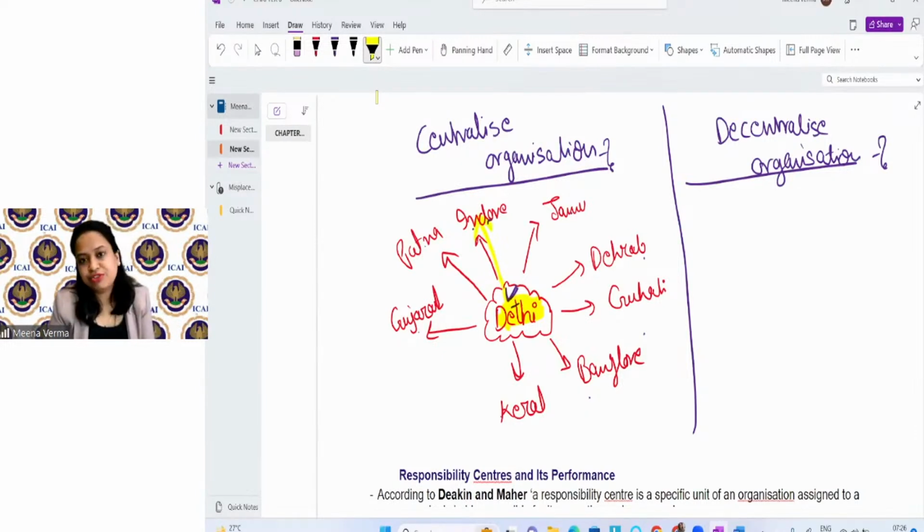Raw material will be purchased in Delhi, then transferred to Bangalore, Kerala, Jammu, Guwahati, and Gujarat for production.